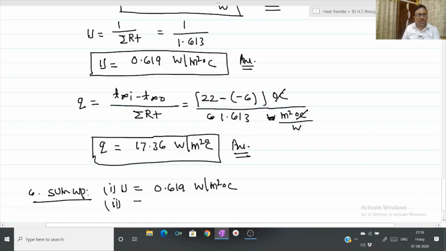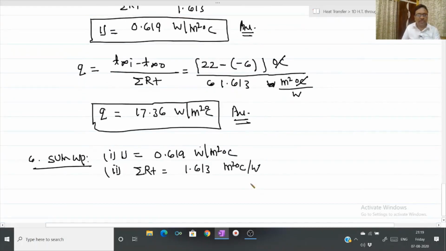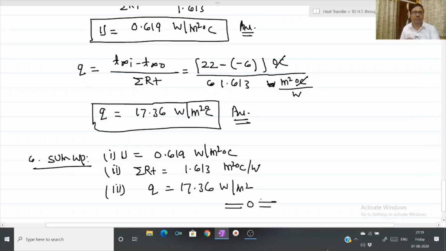Then total thermal resistance RT comes out 1.613 meter square degree Celsius per watt. And finally, we were supposed to calculate heat loss per unit area, 17.36 watt per meter square. So this way, we have completed this problem.